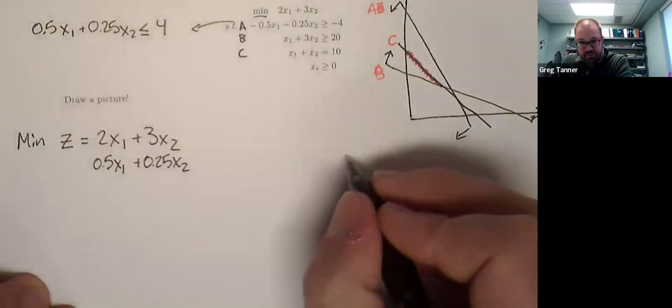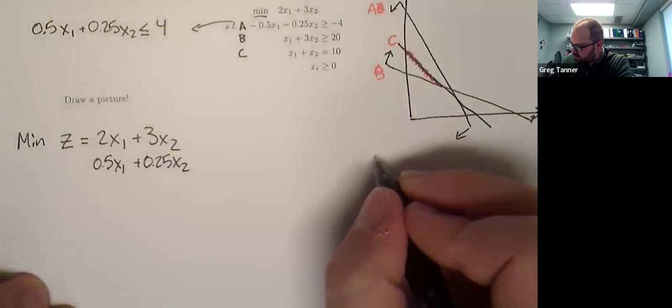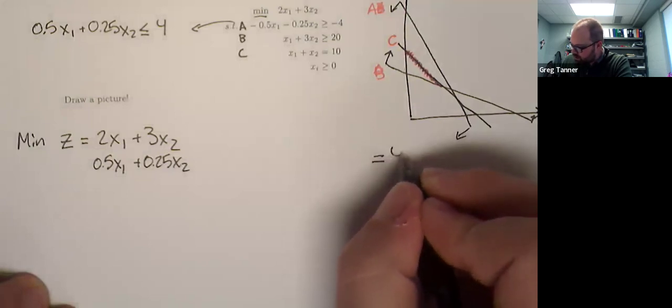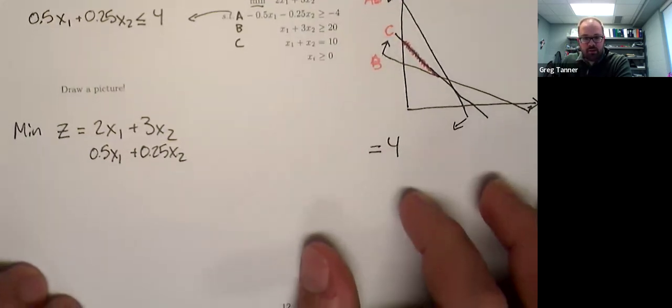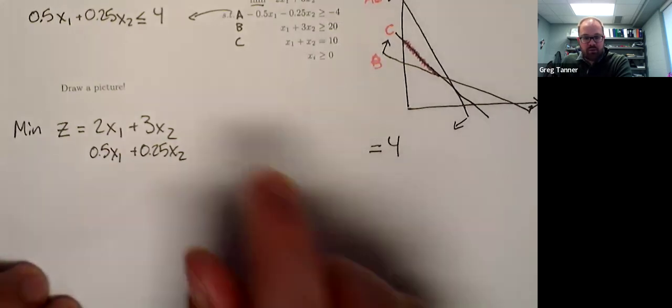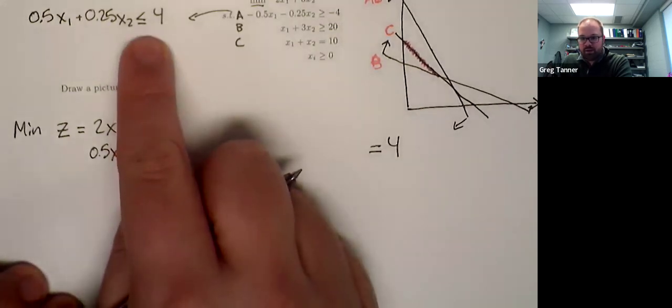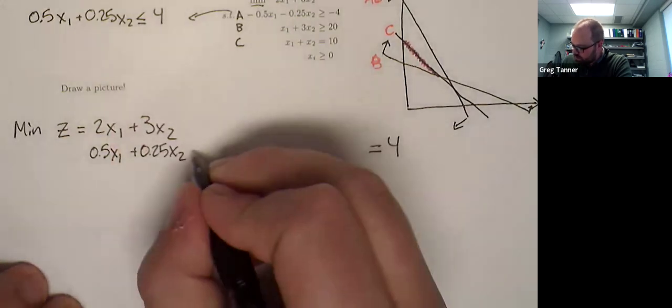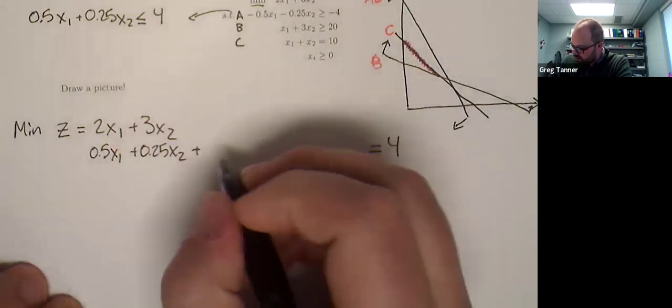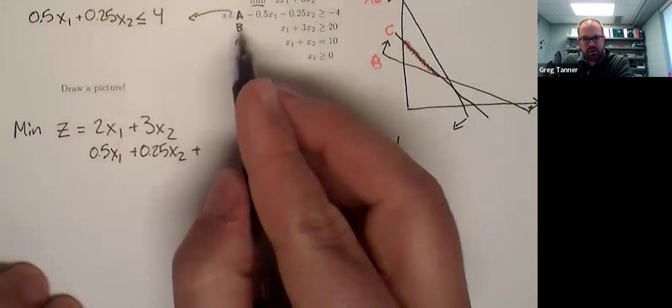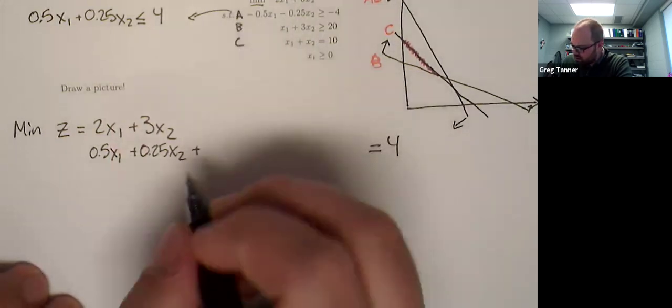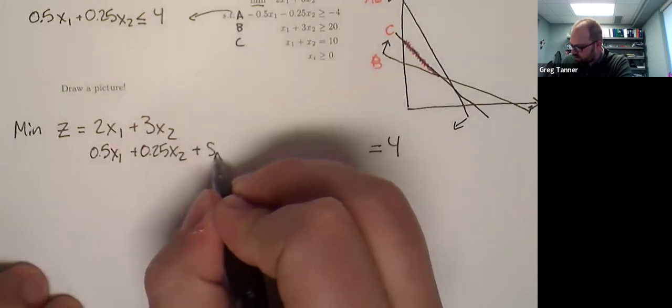I'm going to leave quite a bit of space, maybe all the way over to here, equals 4. And we're going to put this in augmented format. And so we've got a less than here, so we're going to introduce a slack variable. And so I'm going to call this plus, well, let's keep our equations labeled A, B, C there. And so I'll call that slack for constraint A.